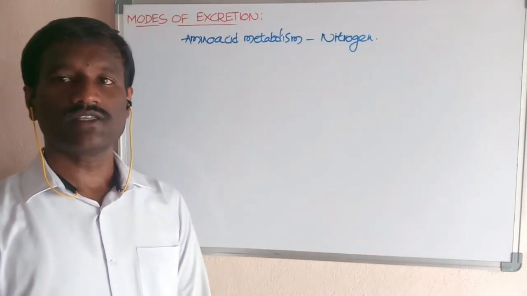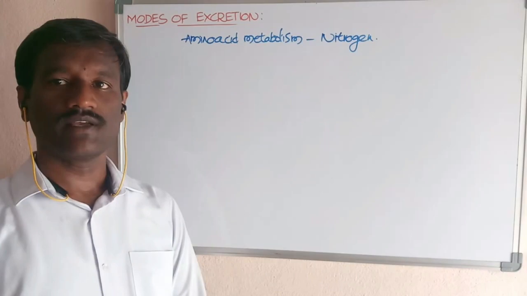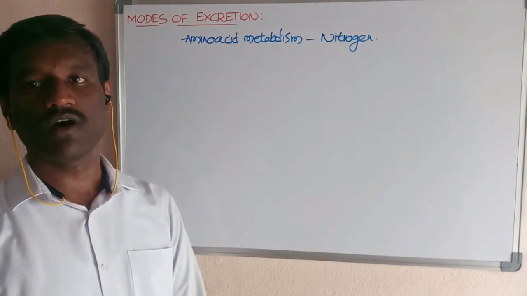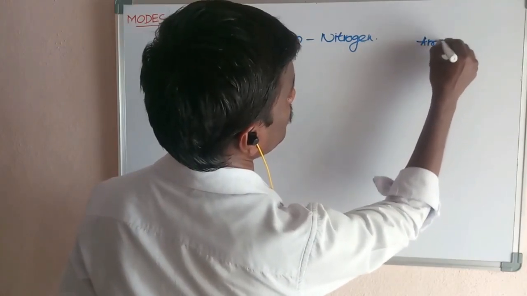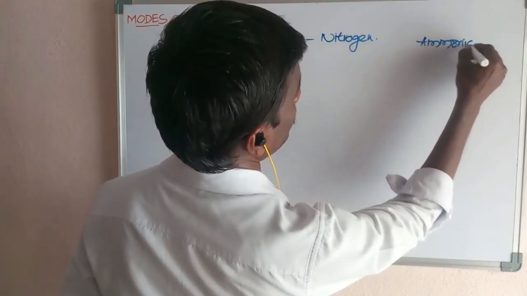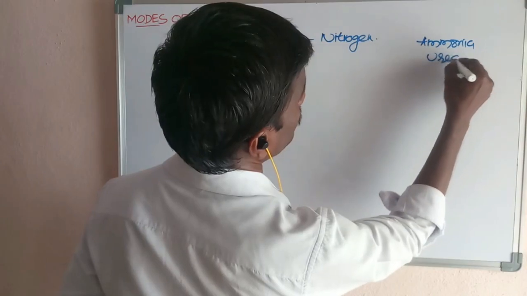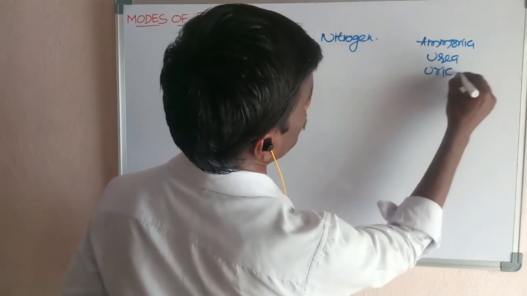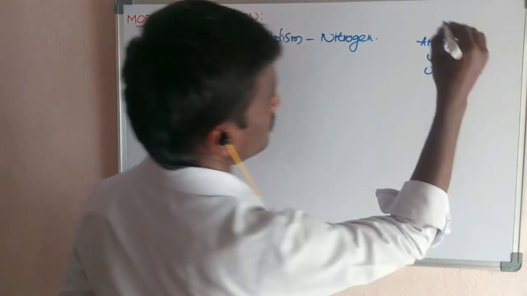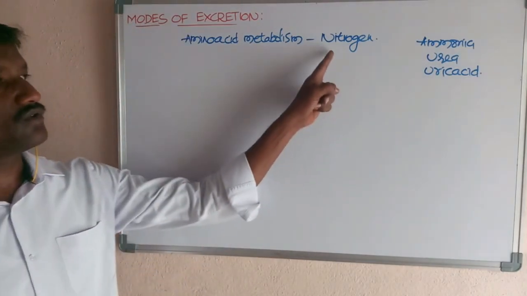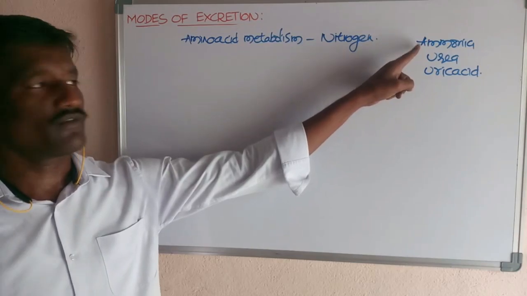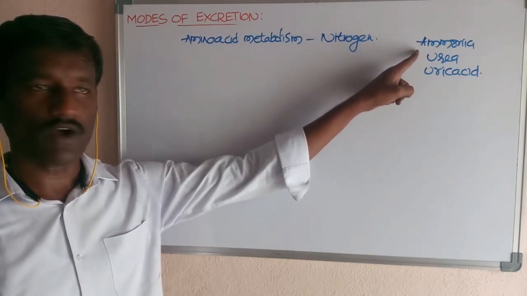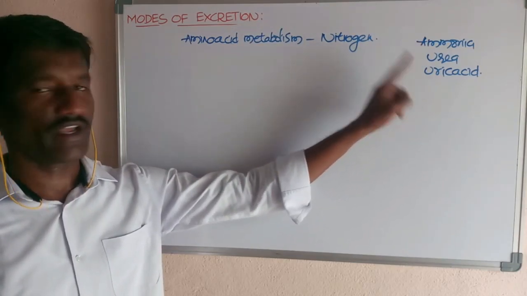This nitrogen is eliminated from the body in the form of ammonia, urea, and uric acid.